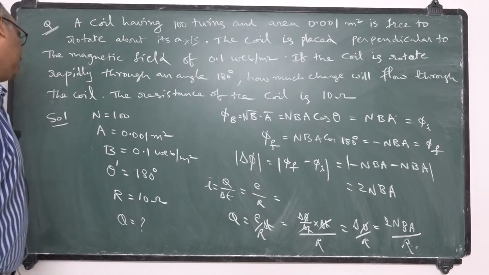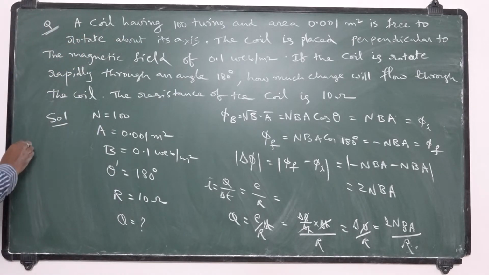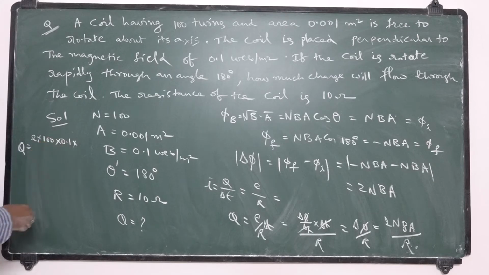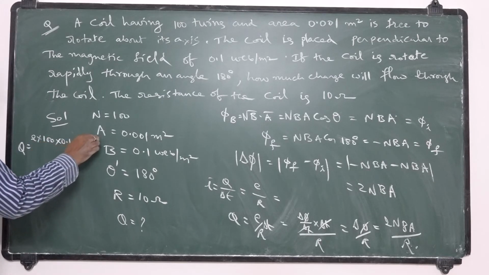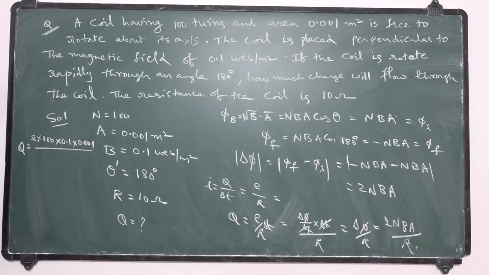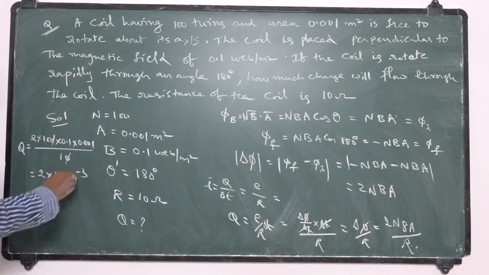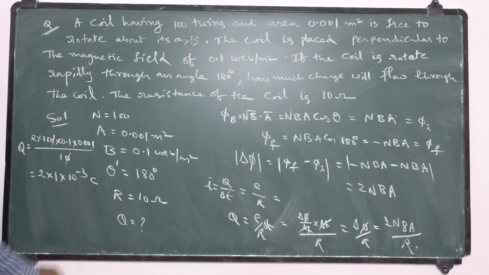Substitute the values. They gave 2 into N as 100, B as 0.1, A as 0.001 by R as 10. The zeros get cancelled. So 2 into 1 into 10 power minus 3 coulombs.